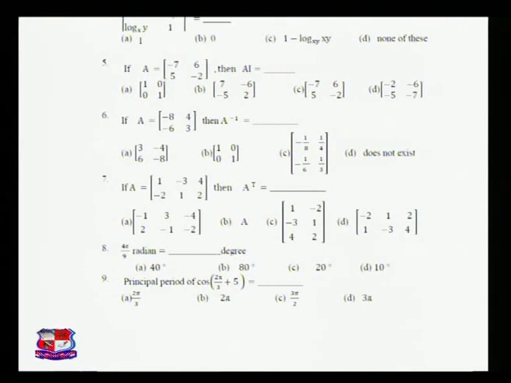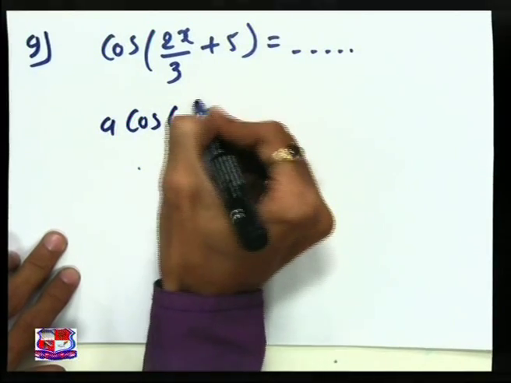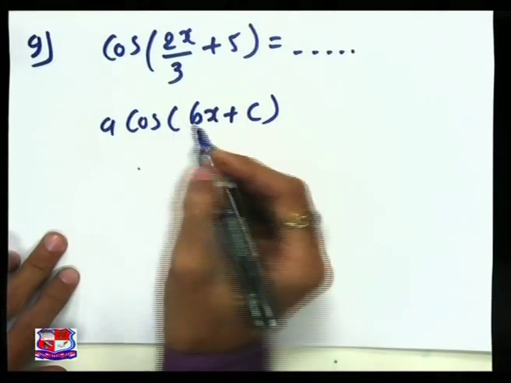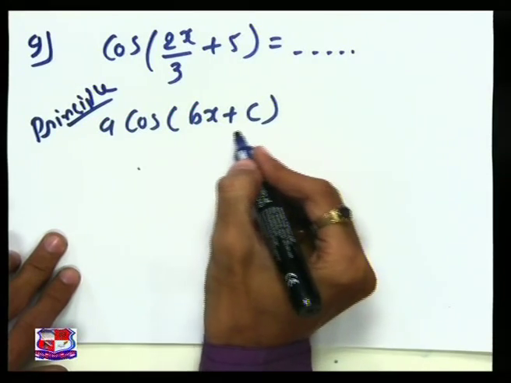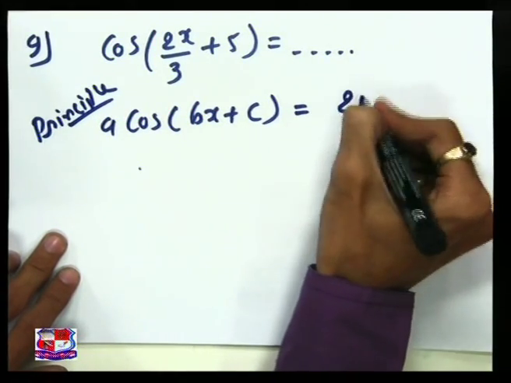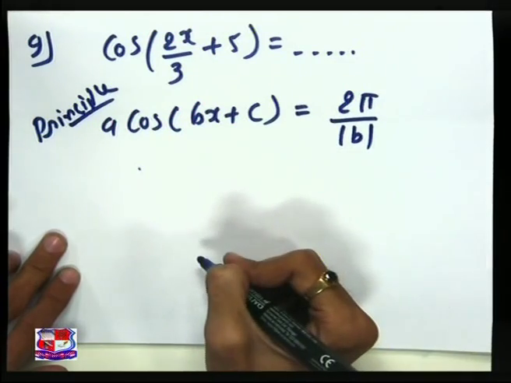The ninth one is the principal period of cos 2x by 3 plus 5. Before I give the answer of this question, I want to tell you that, as we all know, the principal period of A cos bx plus c is given by 2 pi upon mod b.